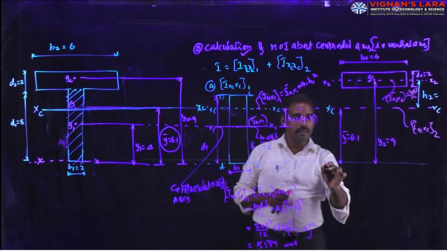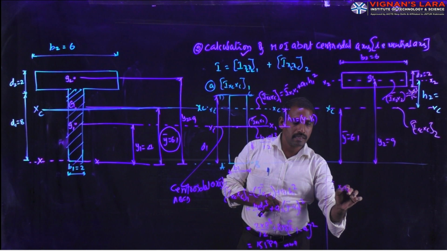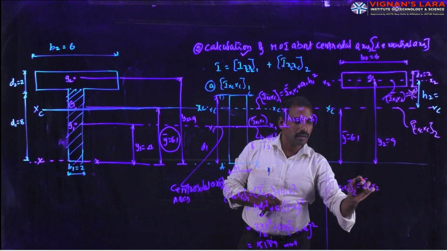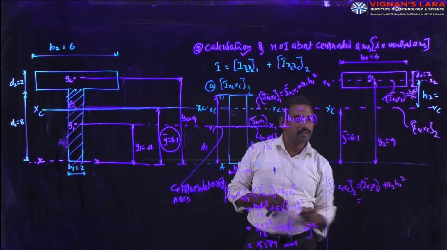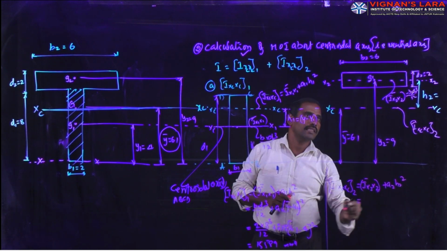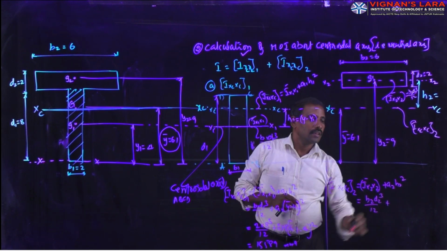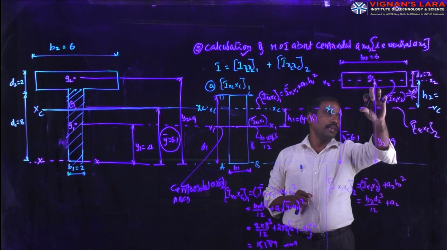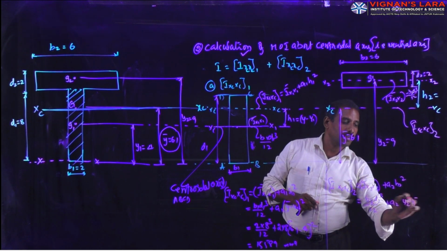So IXC of 2 is equal to IX2X2 bar plus A2 h2 whole square, that is b2 d2 cube by 12 plus A2, the area, which is also known, into h2, where h2 is y2 minus y bar, whole square.